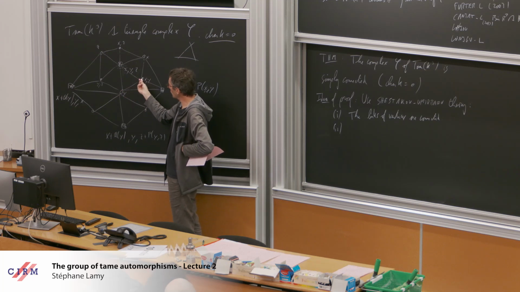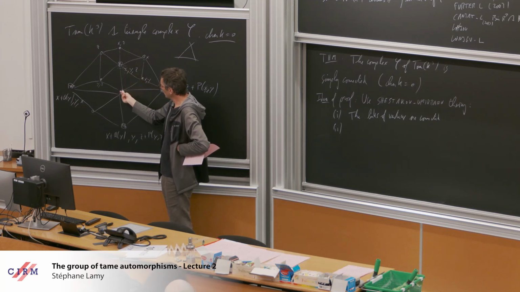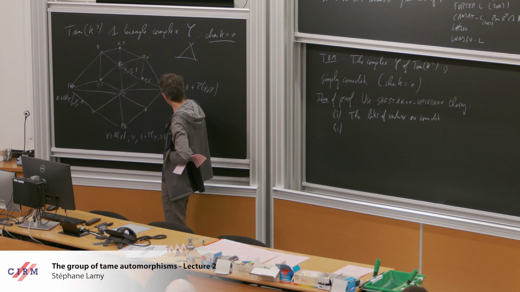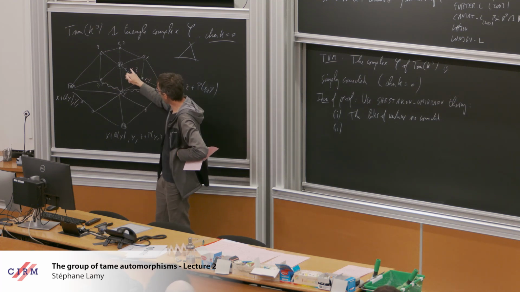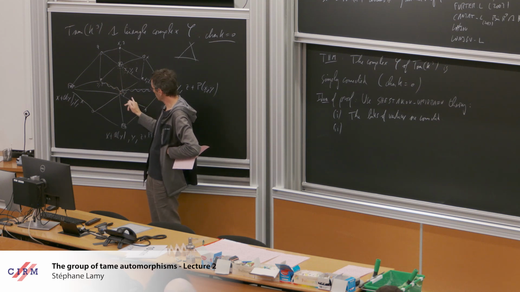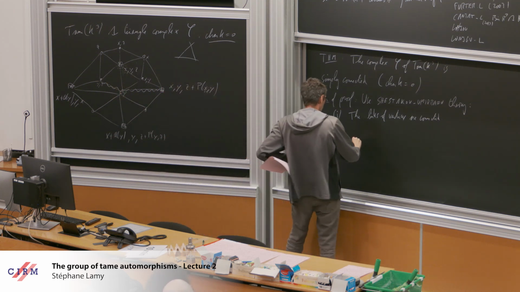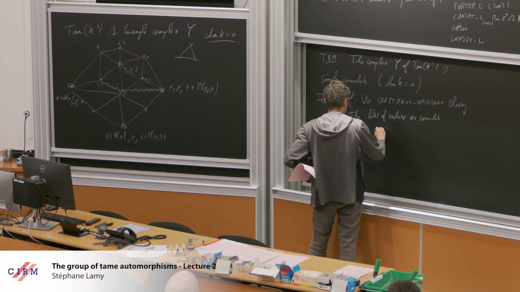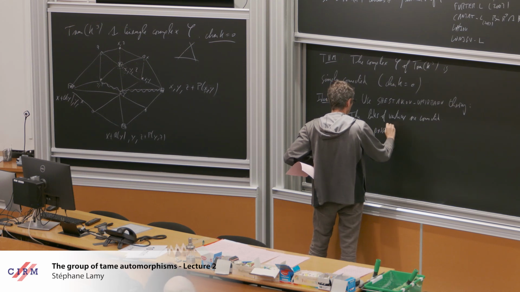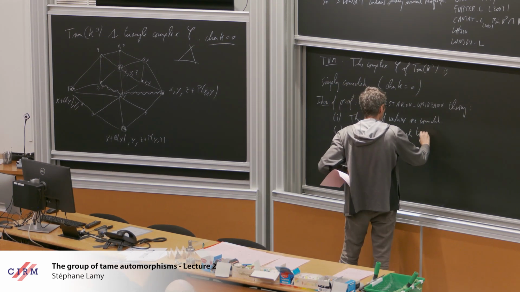You can also only visit vertex of type 2 and 3. Because if your loop goes like that, since the link is connected, you can go around and avoid the type 1. So you can always avoid type 1 if you want. Okay, so you have a loop passing through type 2 and 3.